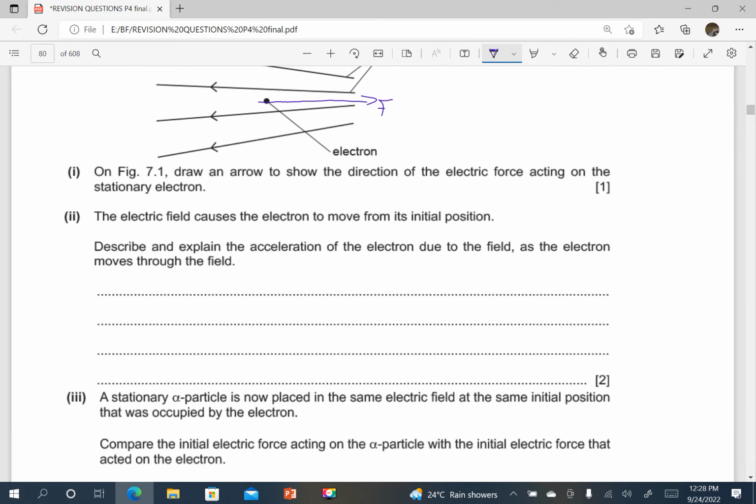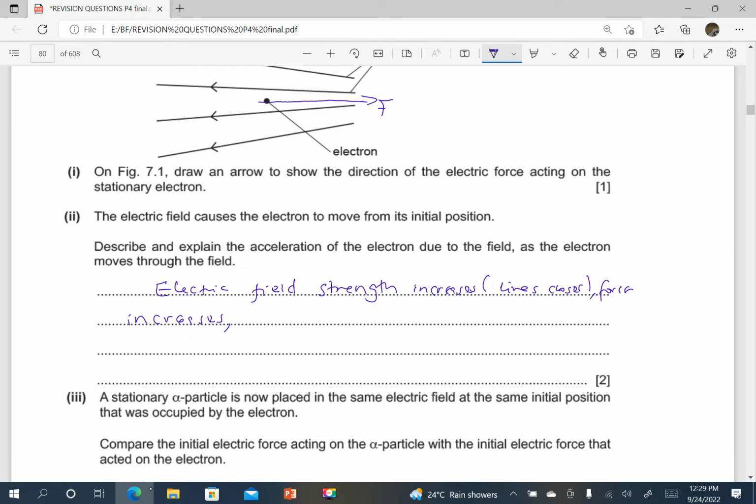So we can say the electric field strength increases. How do we see that? The lines are getting closer. And if the electric field strength increases, it means the force increases.